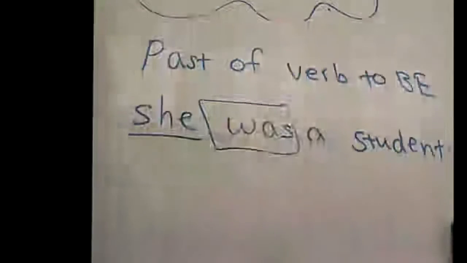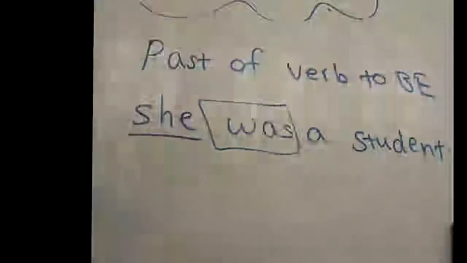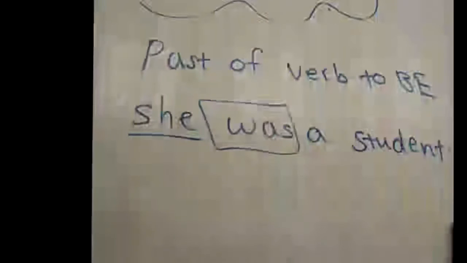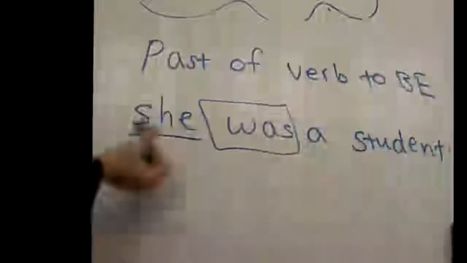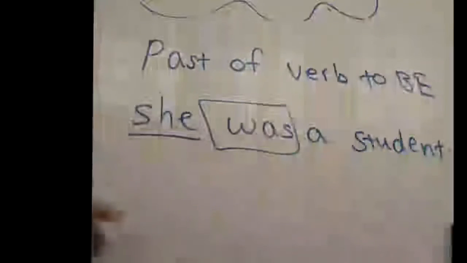She was a student. Okay, so here we have she followed with was, meaning that in the past she was a student. Maybe she was a student last month, maybe last week. Alright, so here we are talking about something that happened and finished.